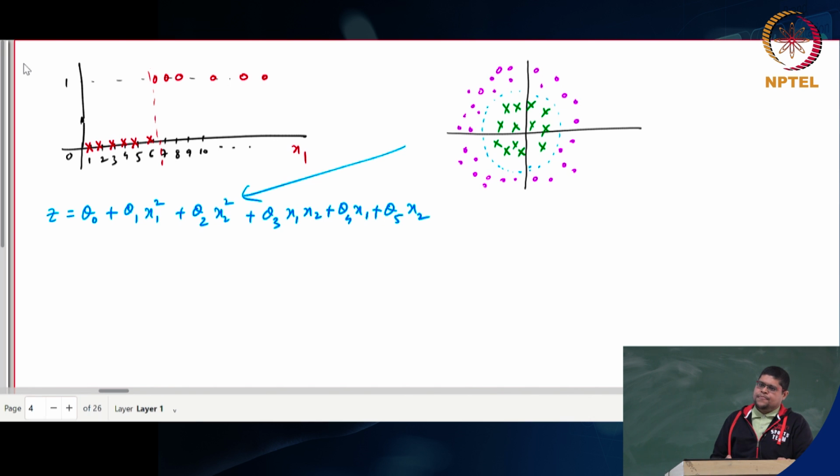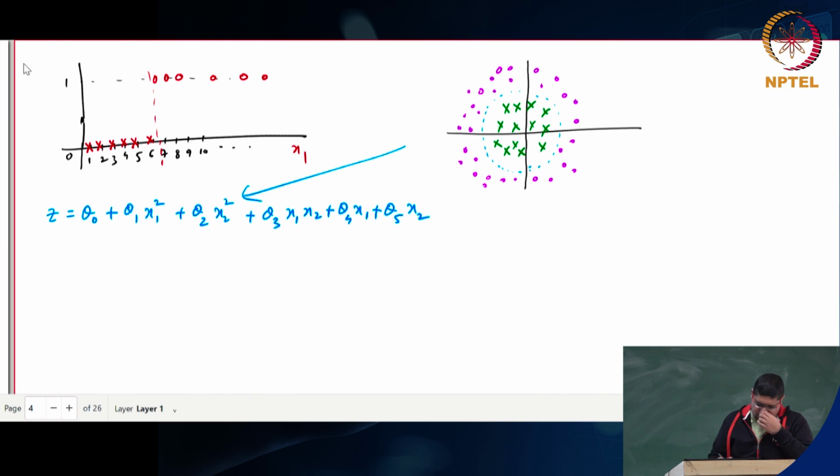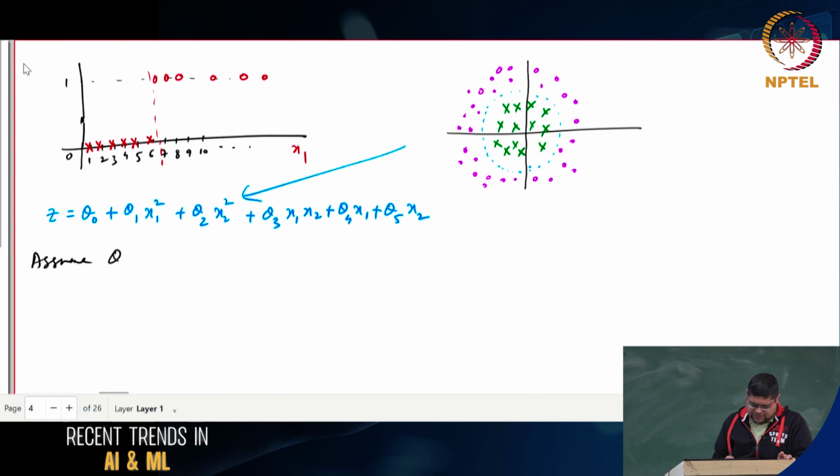Okay. So now what you need to do here is learn all these thetas, or at least predict all theta, theta 0 to theta 5. So you assume theta 0 equal to minus r square.